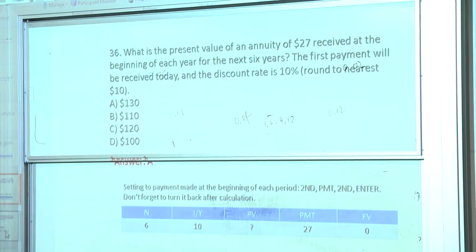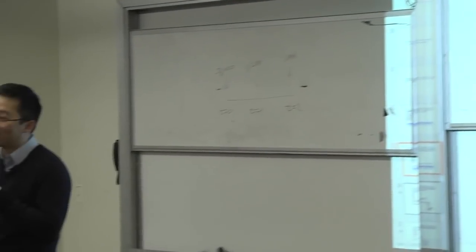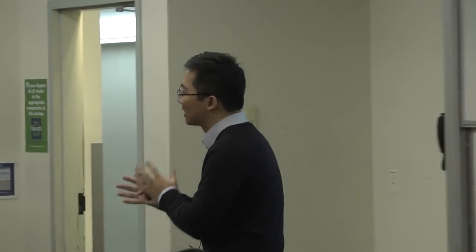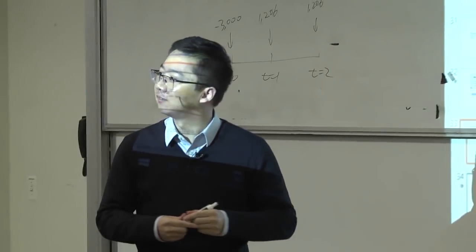So you just have to say the first payment is at the beginning of the first year, and all the other payments, including the second one, happen at the end of the first year. But aggregating this whole thing, you are observing that each cash flow is happening at the beginning of each period, right?